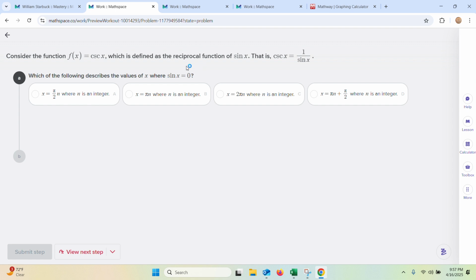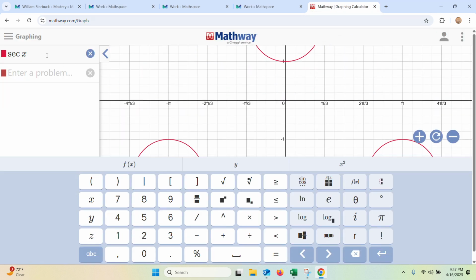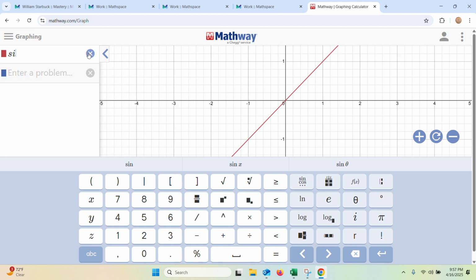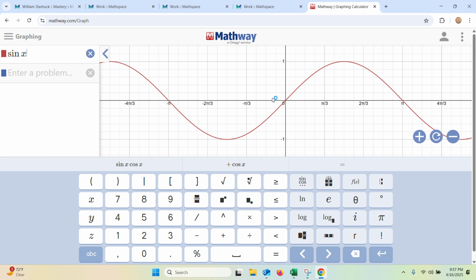What's undefined? So part A, which of the following describes the value of x where sine of x equals 0? So right now, all we care about is sine. Okay? I'm just going to use my graph, I mean, you can use your calculator, but just use math away. We're just going to do sine of x. So where is sine 0? Sine is 0 at 0 and at negative pi and at pi.